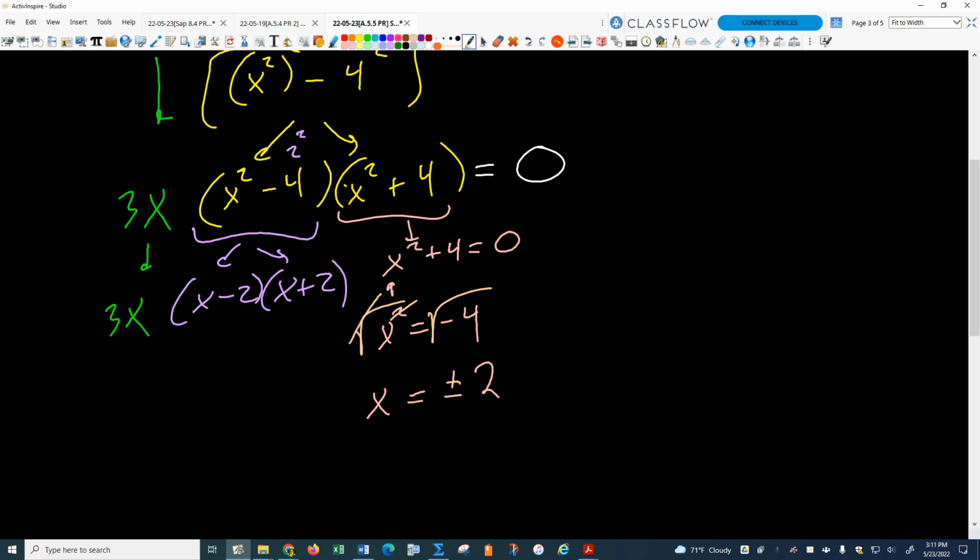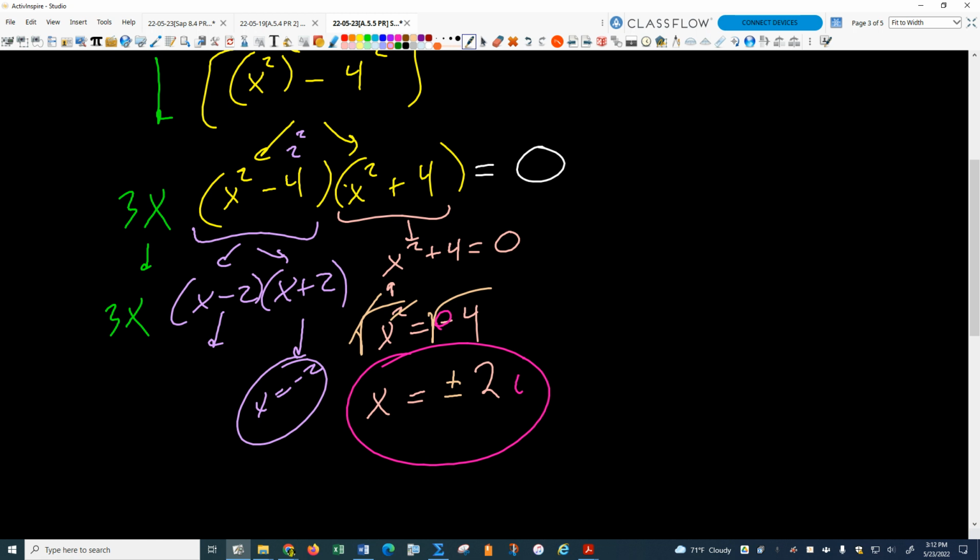And the negative inside becomes an i outside, right? So we got 2 solutions there. We got to go back and find the zeros of the other factors too, right? So what's the value of x that makes x plus 2 equal to 0? Okay, everybody agree? So we get negative 2. x minus 2 is 0 when x is 2.